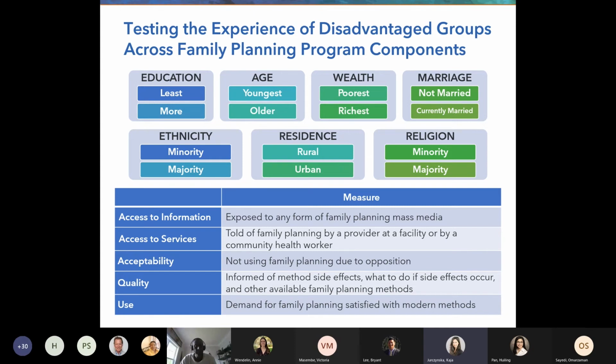And we do that comparison for the measures that you see below. So we take a look at something like access to family planning information, access to services, acceptability, quality, and use. And we can, during the discussion portion, talk a little bit more about the actual indicators that are used to measure each of these family planning components. You can see them listed here, and I'm happy to answer more questions at that stage.